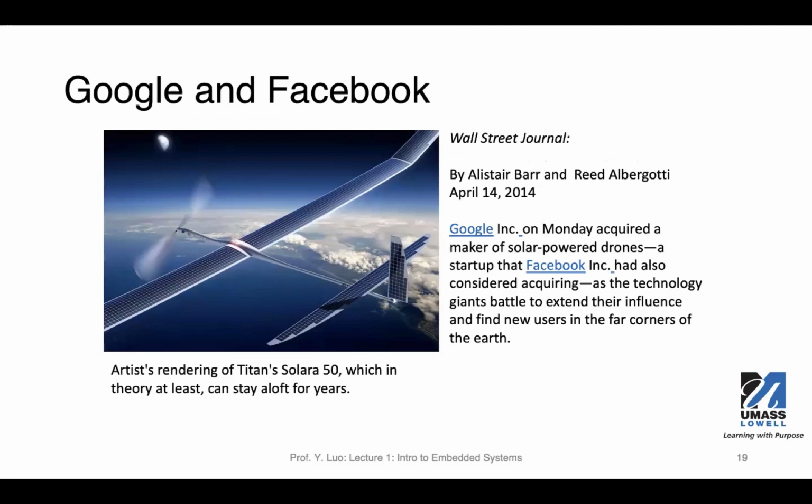The other example is this solar-powered drone. This is an artistic rendering of Titan's Solara 50, which in theory can stay aloft for years. And this company has been acquired by Facebook, I think, by Google.